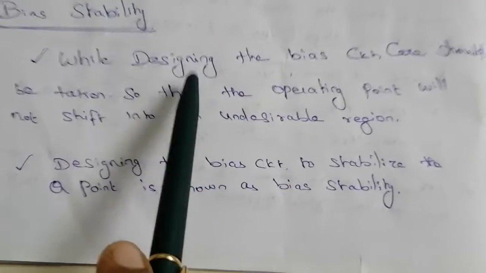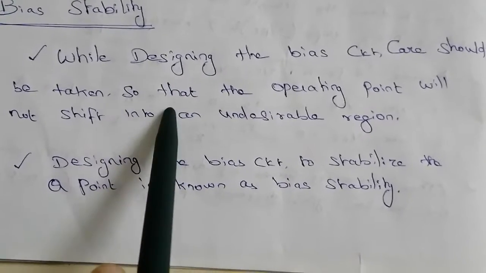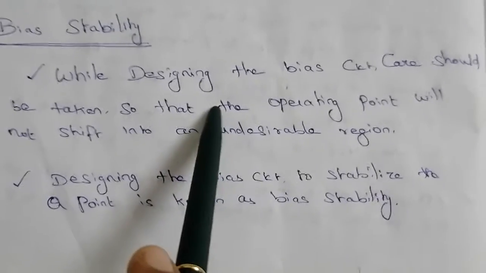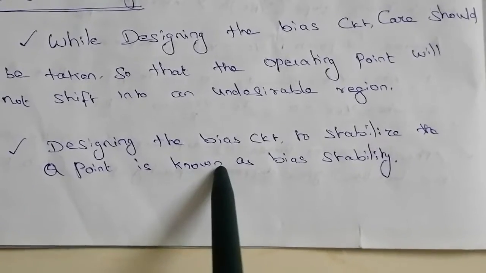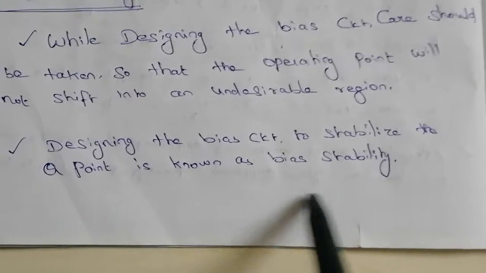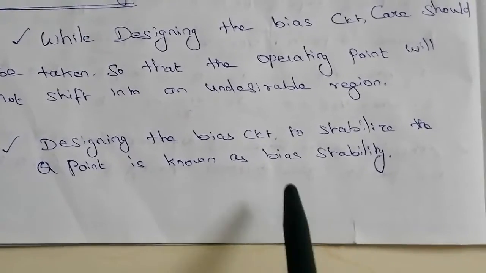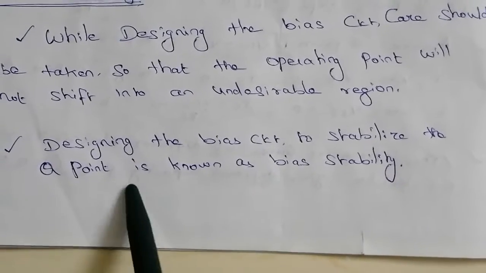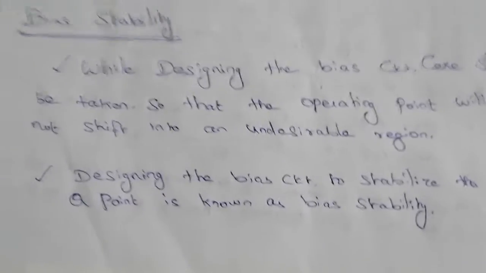That means the Q point should be selected in the middle of the DC load line, that is in the active region. So designing the bias circuit to stabilize the Q point is known as bias stability. That is, the Q point should be stable in the middle of the DC load line, which is called bias stability. Is it clear?